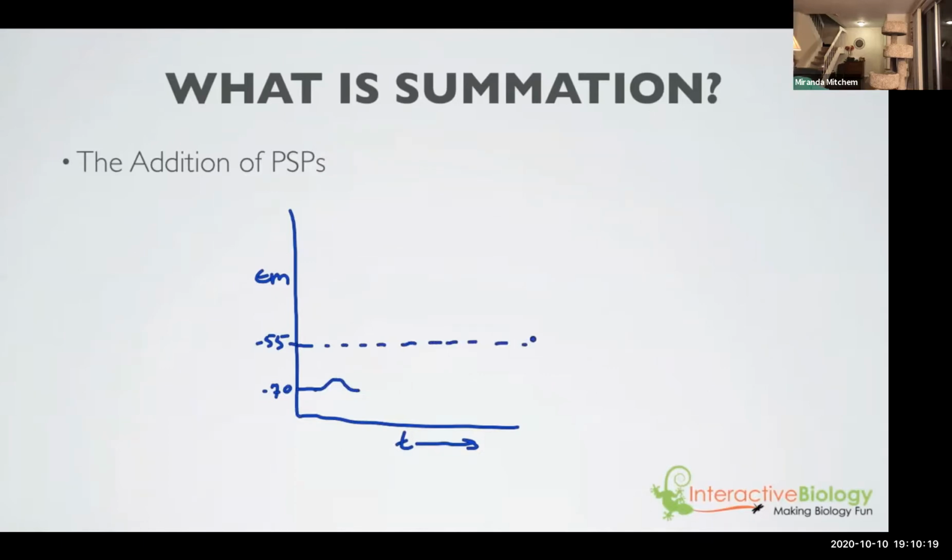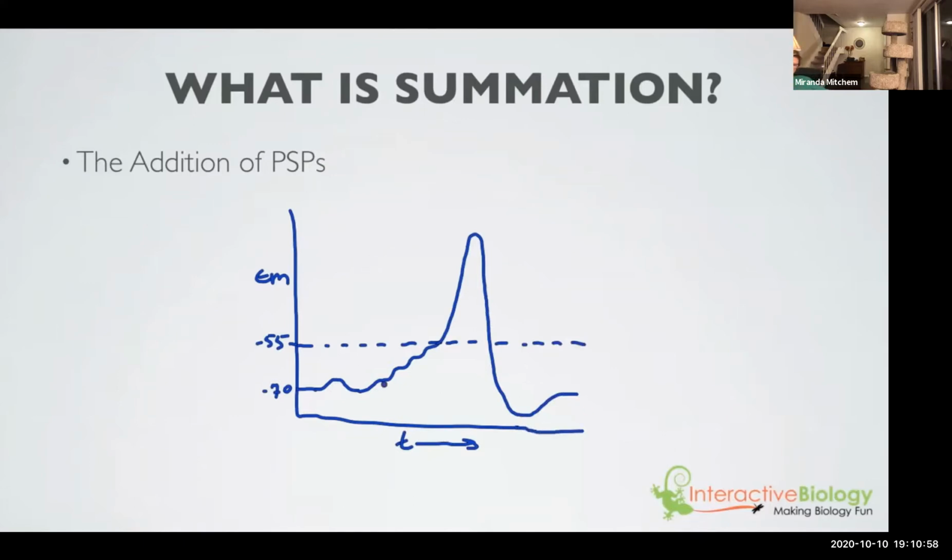to cause an action potential. So what needs to happen is we get an excitatory postsynaptic potential, and before the first one finishes, another one comes along, raising the membrane potential even more, and that process continues over and over until eventually we have enough stimulation to cause the membrane potential to reach threshold, and then we get the action potential with our depolarization, our repolarization, our hyperpolarization, and then the action potential is finished.